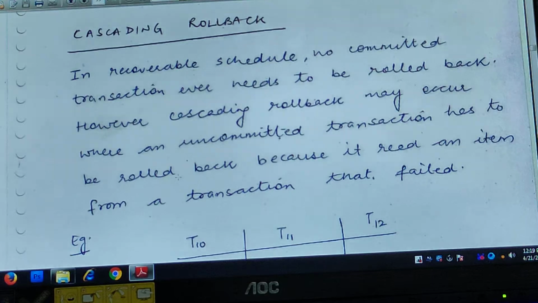So the failure of T1 will lead to the rollback of T2 and T3 as well, because they are dependent transactions. This is known as cascading rollback: the rollback of one transaction leads to the rollback of other dependent transactions, back to back.